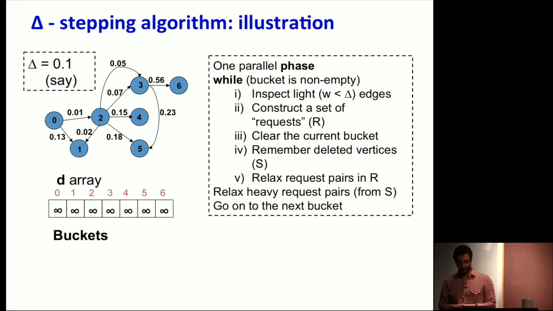So here's the algorithm run. Essentially, in this algorithm, you pick a delta. In this example, we'll pick a delta of 0.1. We will separate the vertices into buckets.